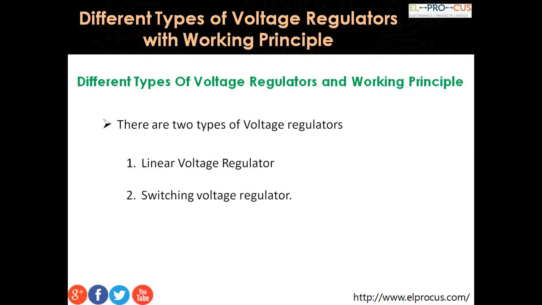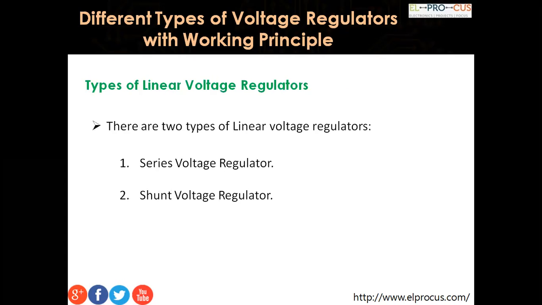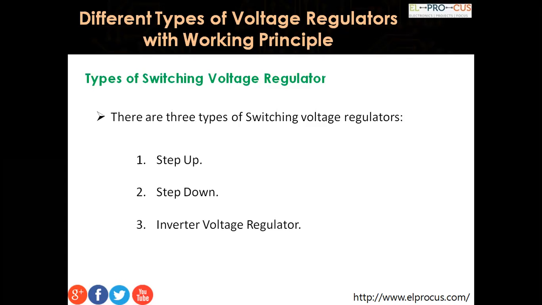Then we have seen fixed and variable IC voltage regulators. Fixed means that a fixed IC regulator will give us a fixed amount of voltage, and a variable one will give us a variable output voltage. So you can see here that linear is divided into series and shunt, which we have already seen.